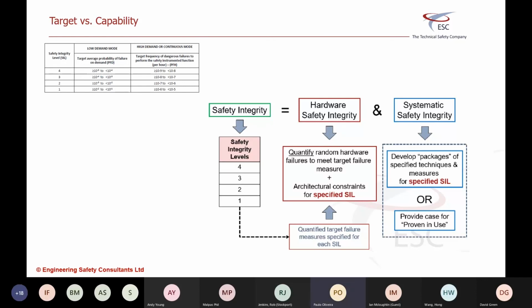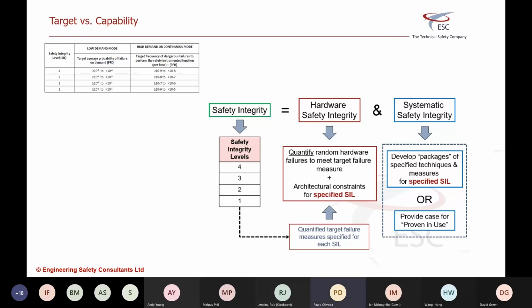And you have to demonstrate that your systematic safety integrity is adequate. And you do that by developing packages of work for that SIL based on 61508 or 61511, or selecting a different route like proven in use in 61508 or prior use in 61511.